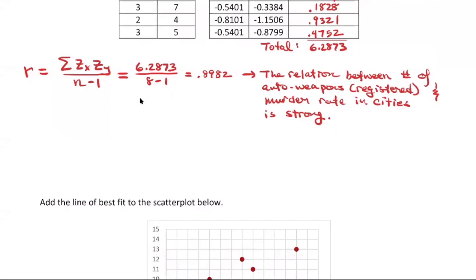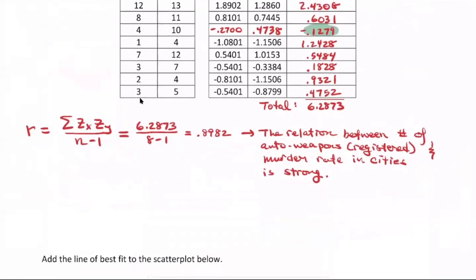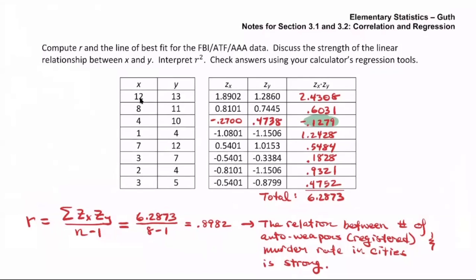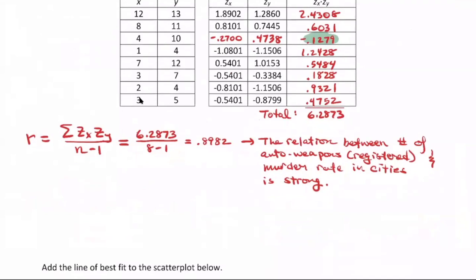Okay. What else does it ask for? Does it ask for R squared? Yeah, it says R squared here. So let's do R squared real quick. R squared would be this 0.8982 squared. So that's a 0.8067. Now that's a proportion. You convert proportions to percentages when you interpret them.